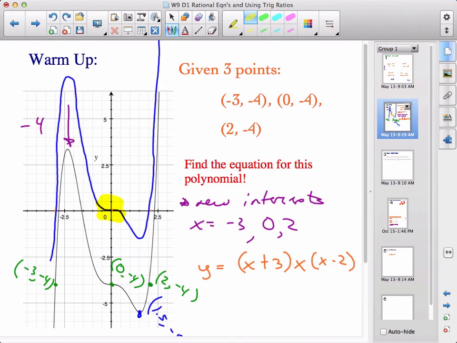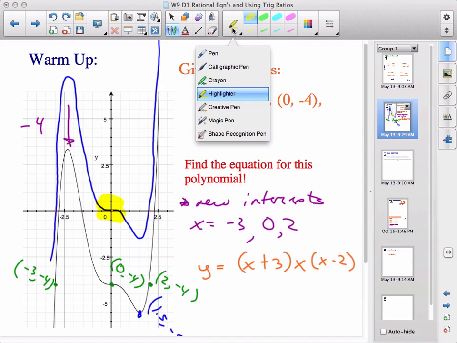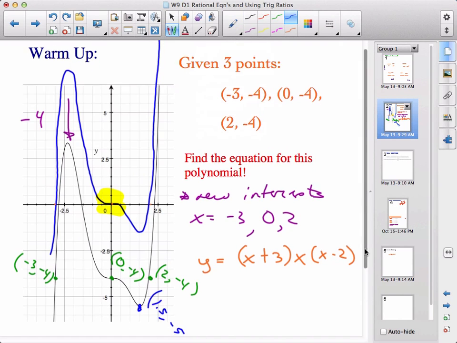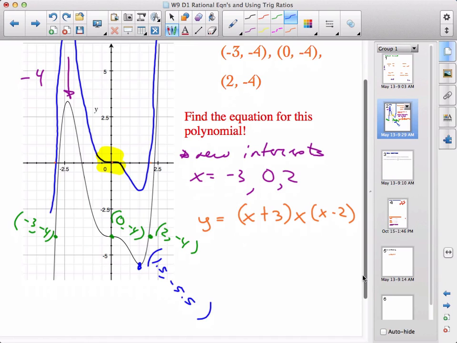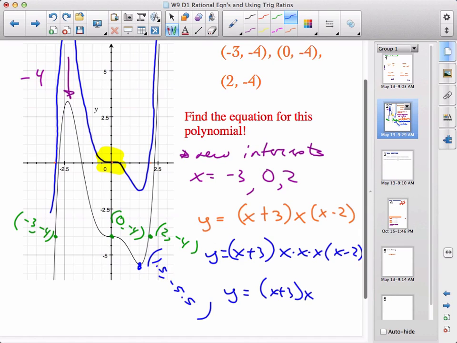It means it's x cubed. So not only do we have a 0 at x, we actually have 3 there, like x times x times x. So y equals x plus 3 times x cubed times x minus 2.